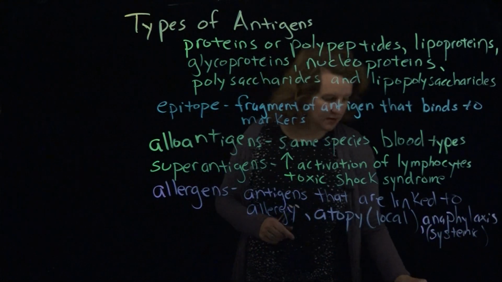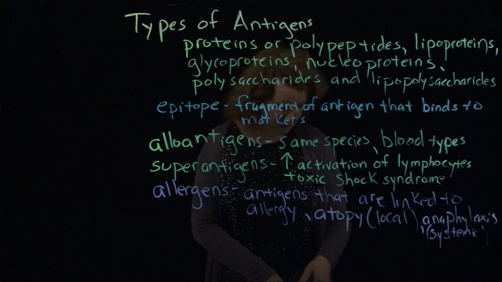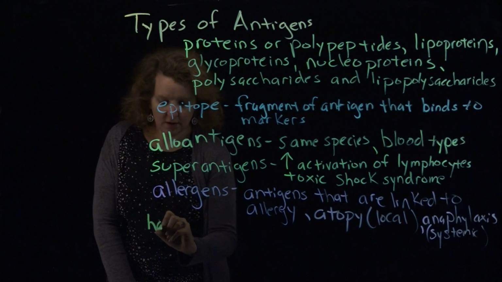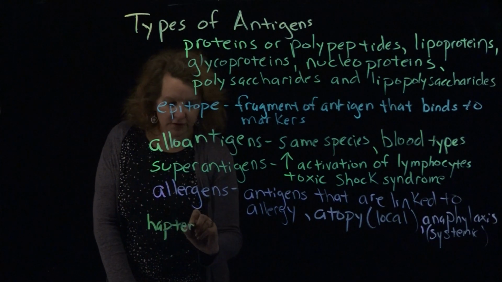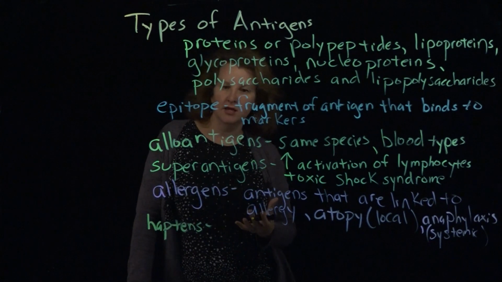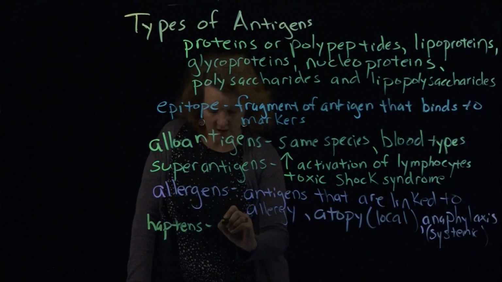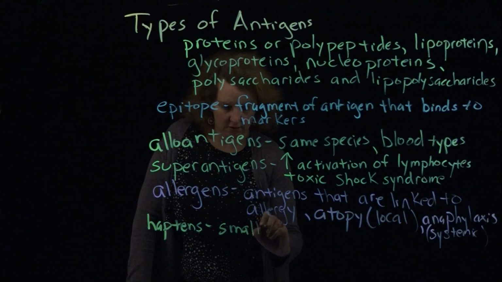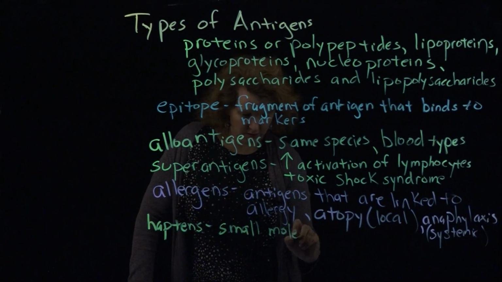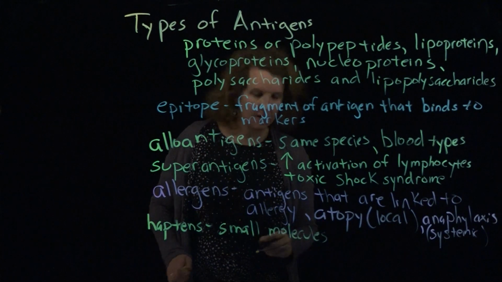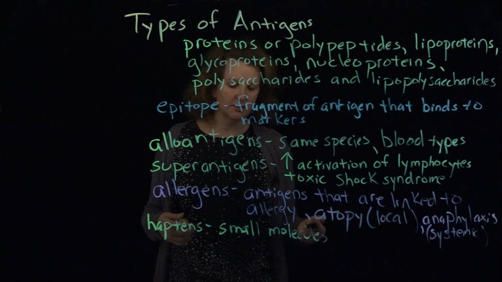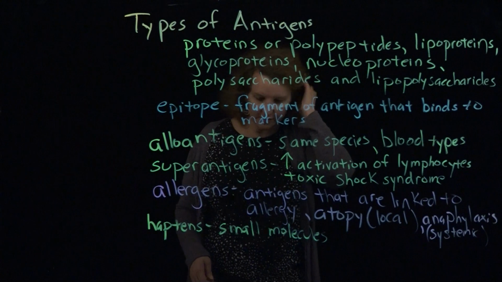Okay, last thing I want to mention are haptens, and haptens are a molecule that's really too small to stimulate that antigenic response all by itself, but they combine to what's called larger molecules, like proteins in your serum, for example, called carriers.